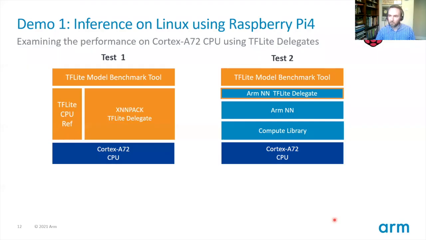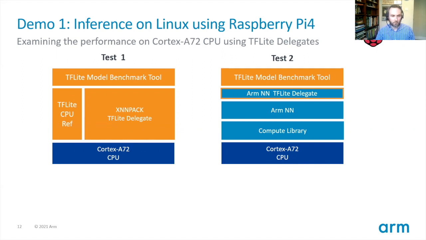Now we've seen that running it through ArmNN, the ARM software stack, is much faster in terms of runtime. That was for a YOLO v3 model from the ARM Model Zoo, tailored specifically for the ARM architecture. But what happens if we take an off-the-shelf TFLite model from the TensorFlow Lite Model Zoo?